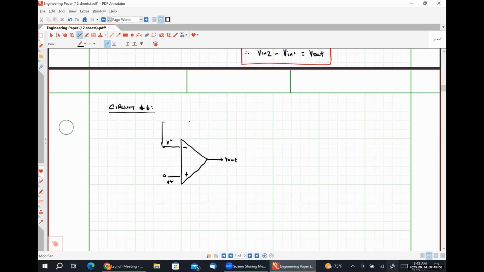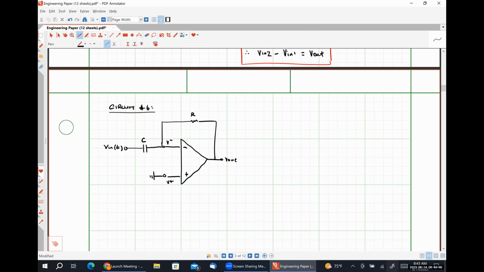Since I'm only going to have a single resistor in this circuit, I'm just going to call it R up top in the feedback position. And then I'm going to put a capacitor here. My input voltage is going to be applied at this node, and I'm going to specify here that Vin will be some time varying signal. And I am going to ground my inverting input node.